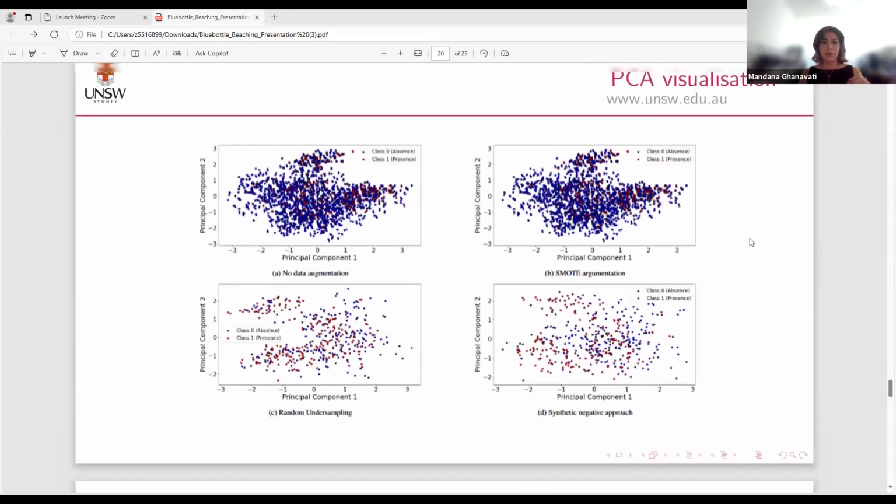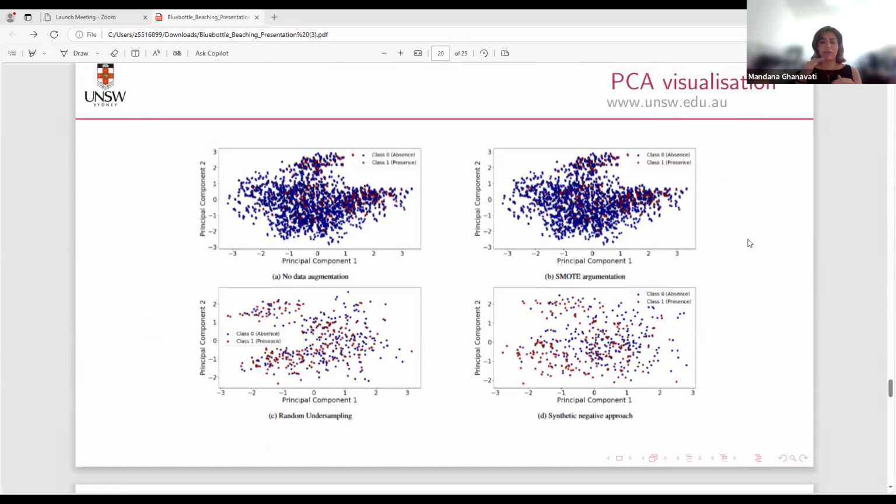So the point is that it needs different levels of simplification, right? We are trying to ignore the spatial correlation. But the presence and absence of the blue bottle at one location actually has an impact on the beach next to it.